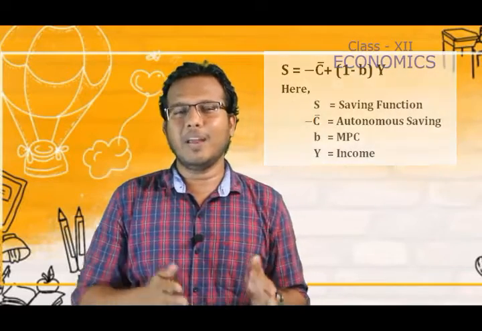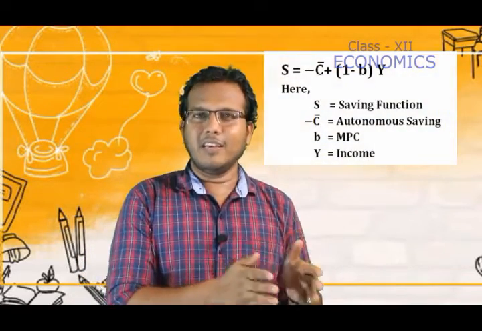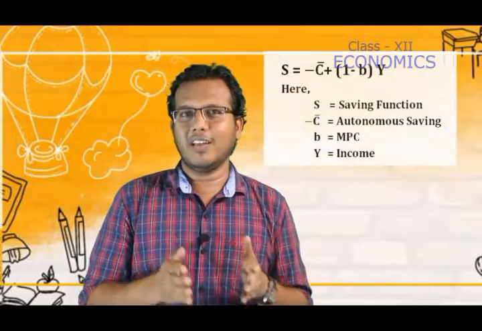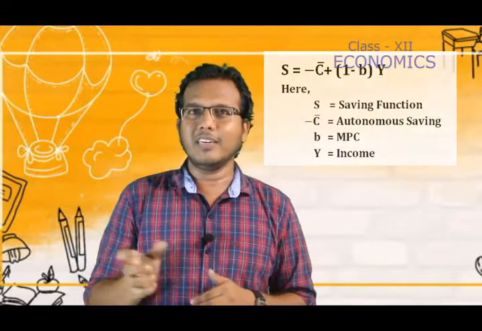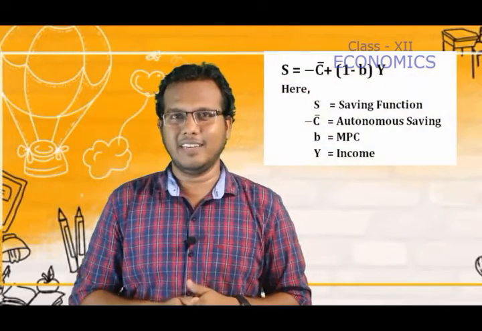So here S can be found by adding the saving, that is the minus C bar, with the MPS. So here we have written 1 minus B.